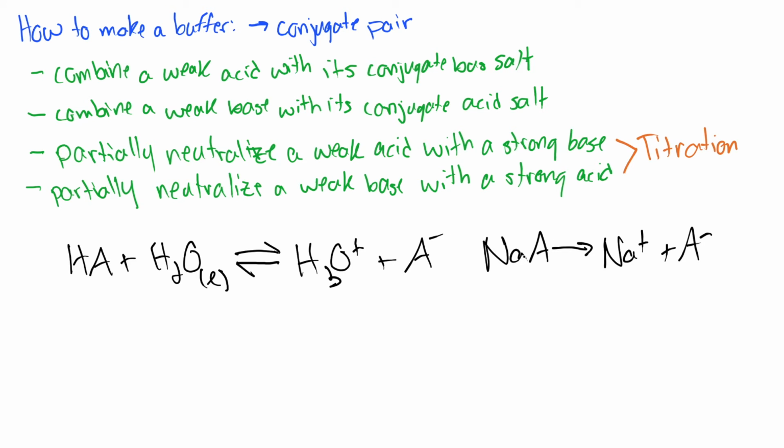So what happens here? Well, if we have just the regular acid and we add a salt to it, we're going to increase the amount of the conjugate base in here. If we increase the amount of conjugate base, according to Le Chatelier's principle, that's going to shift the equilibrium reaction to the left to make more of the acid.